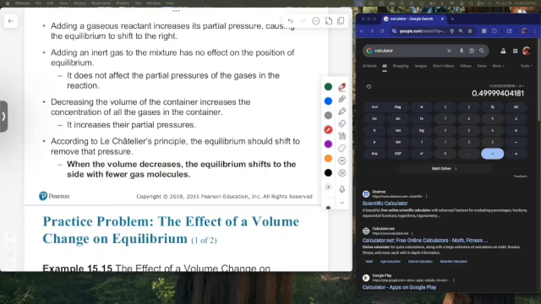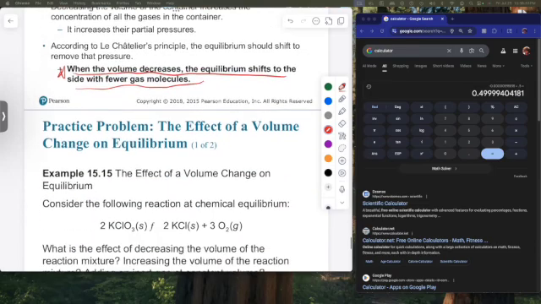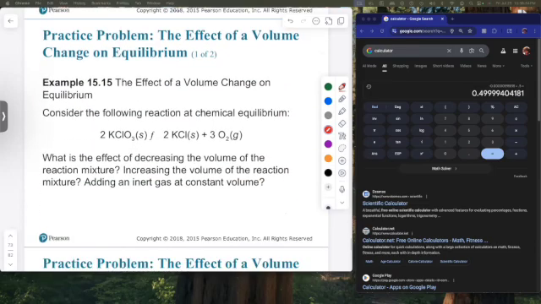I described all this part here, so I'm just going to read the dark parts and say, according to Le Chatelier's principle, when the volume decreases, the equilibrium shifts to the side with fewer gas particles. I've discussed that already. Let's answer this question here. What is the effect of decreasing the volume of the reaction mixture? Oh, volume. Where are the gas molecules? Here we have 3 moles of gas, and here we have 0 moles of gas.